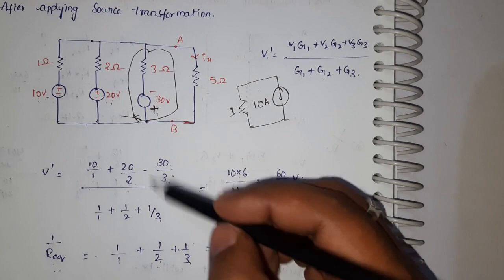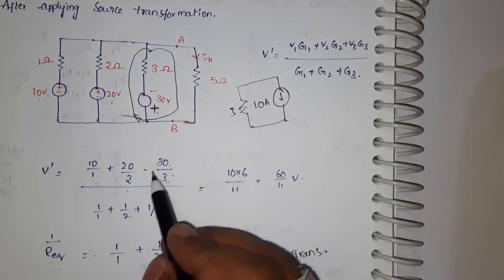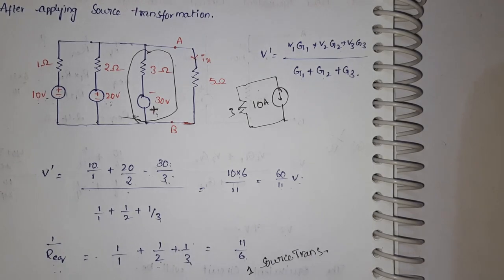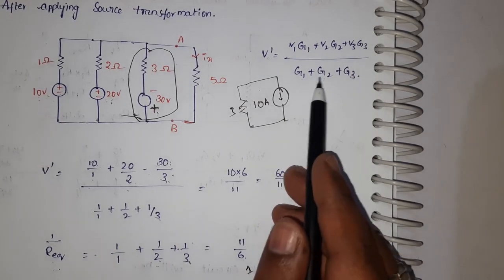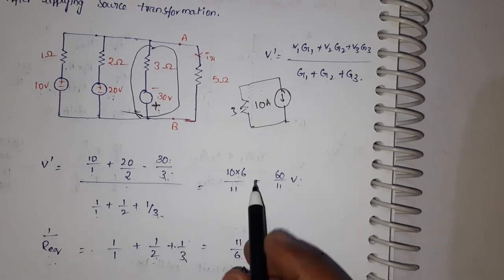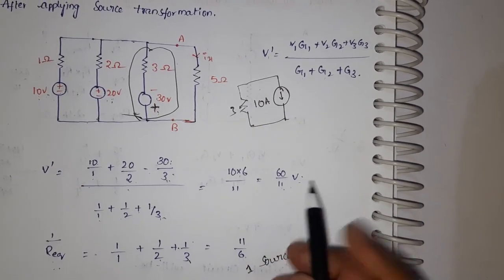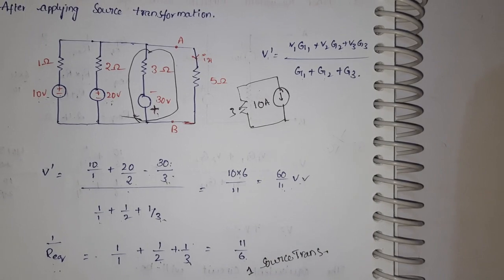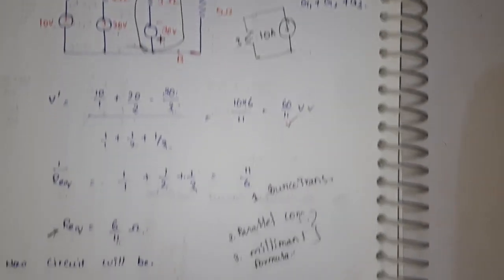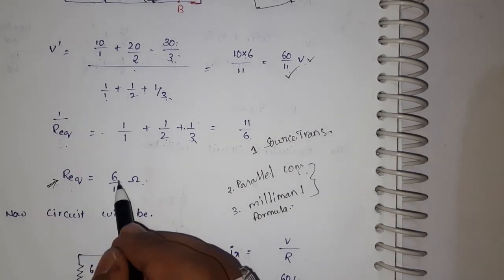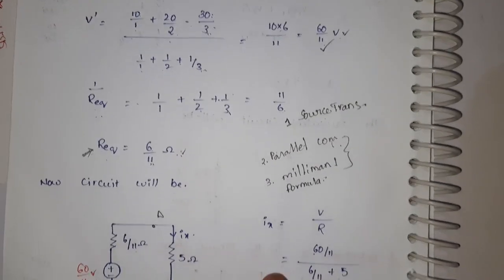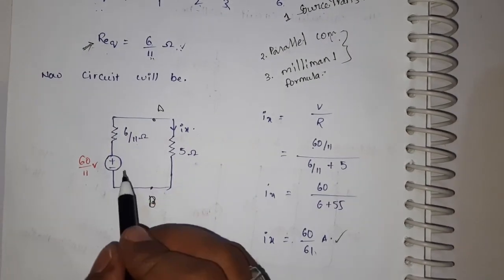So what is the third, V3 G3? That is minus 30 by 3, by G1 G2 G3, 1 plus 1 by 2 plus 1 by 3, which is equal to 60 by 11 volt. So we got V value as 60 by 11, and we got the R equivalent as 6 by 11 ohms. So now that circuit will be like this.